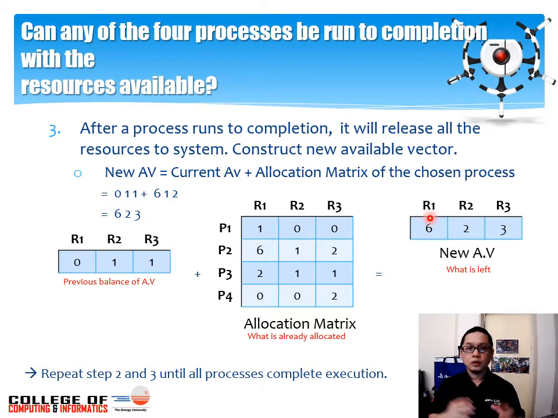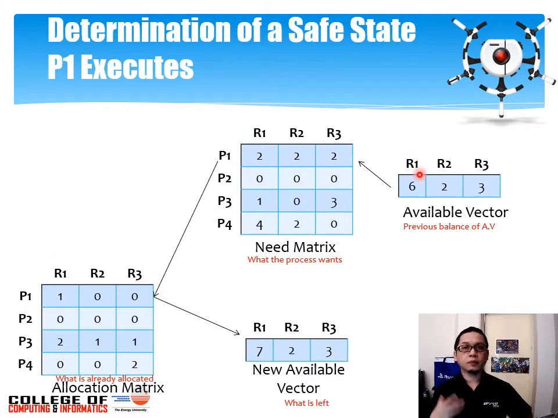Okay, so now you have this number, the 6, 2, and 3. Now you need to decide, after process 2 has already executed, between P1, P3, and P4, which process will you pick to proceed? Based on your previous decision, you have this many resources to give to the process. And if you notice, I've updated the values for the need matrix and the allocation matrix.